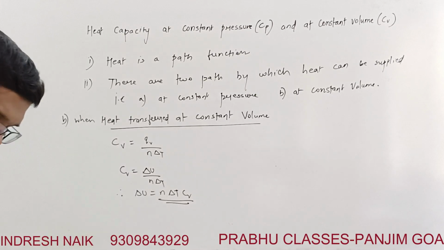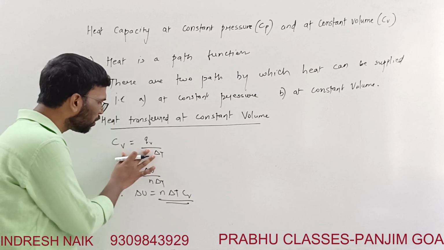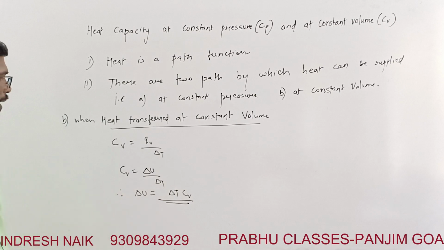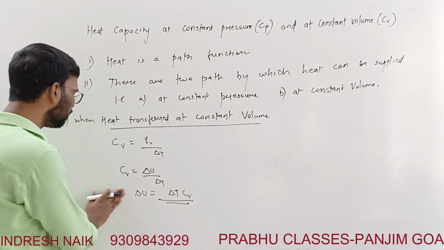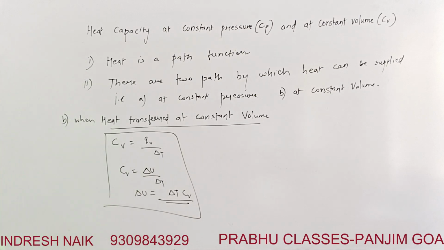Here we can consider n to be specifically 1 mole, right? We consider n to be equal to 1 mole. So I'll write this delta U to be equal to delta T Cv. So these are the different forms of the equation which are related to one another.